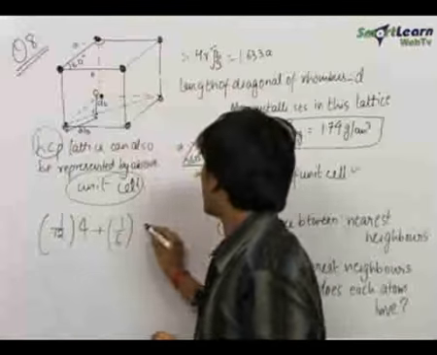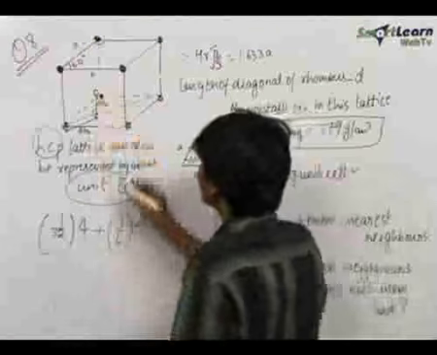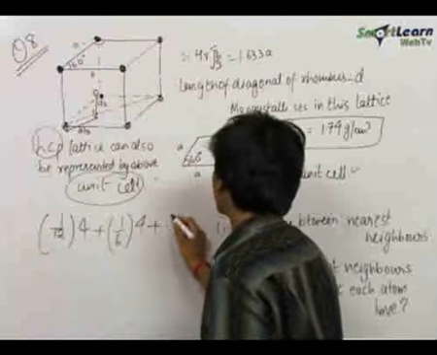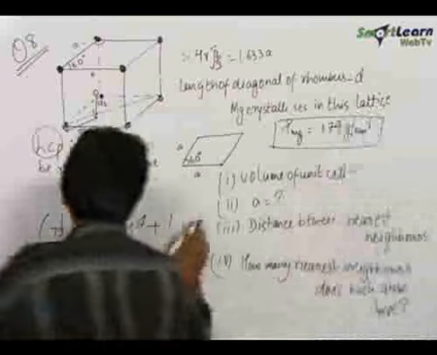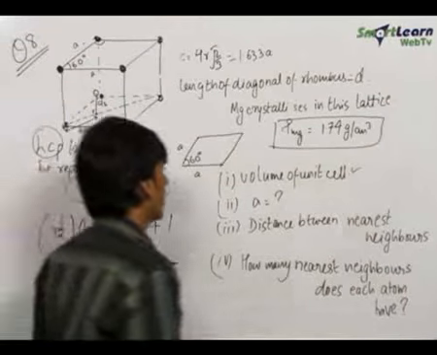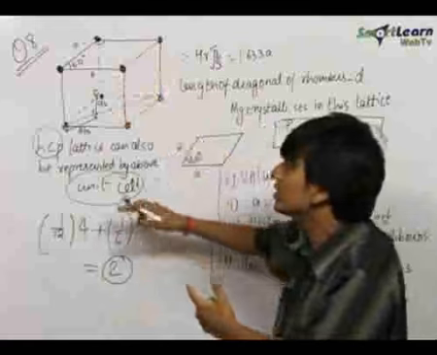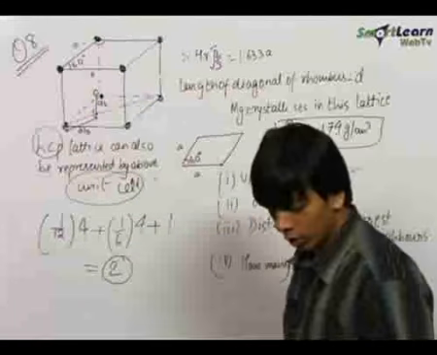Now there are again 4 such atoms, and the contribution of the central atom will be 1. Therefore the total contribution comes out to be equal to 2. So the total number of atoms in this unit cell comes out to be 2.